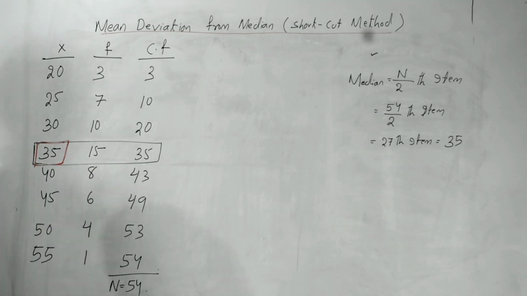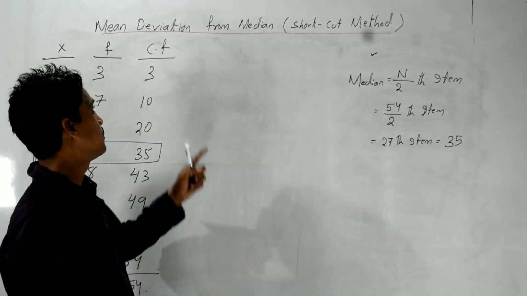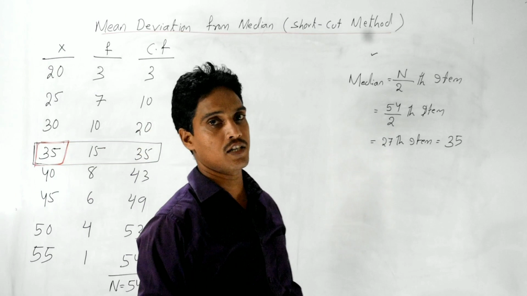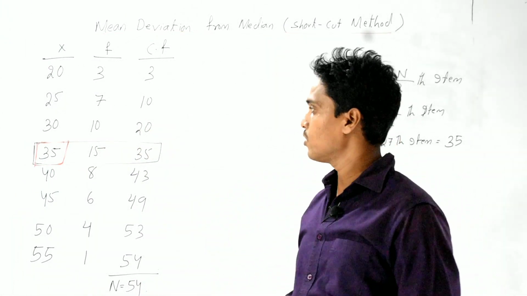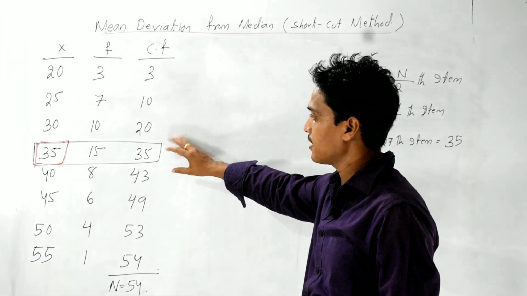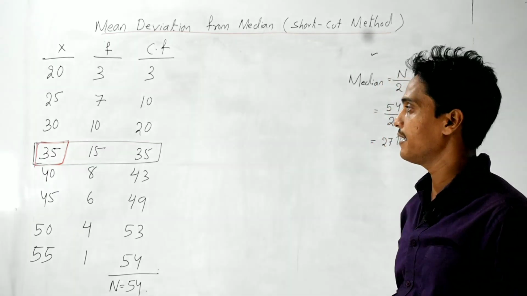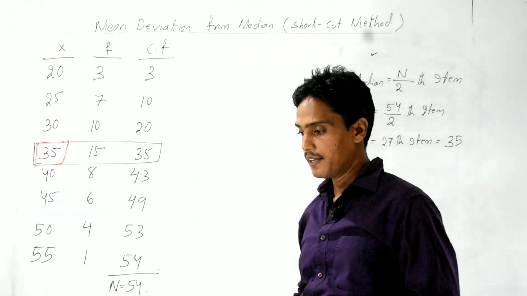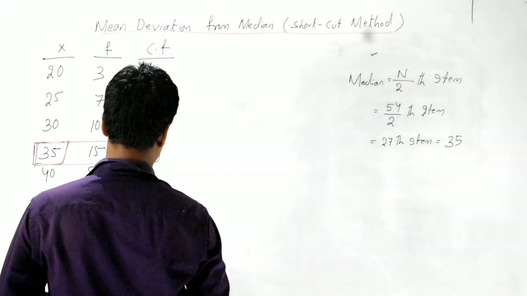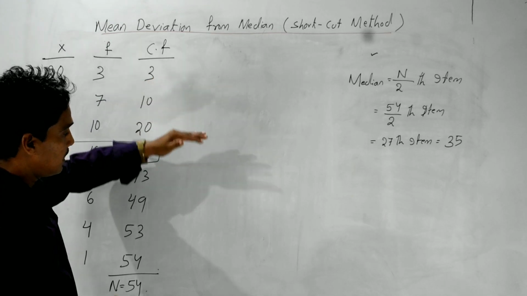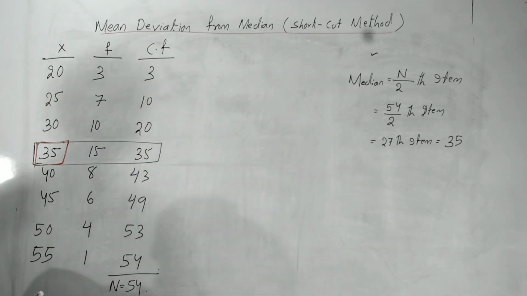Now we have to find out mean deviation by using the shortcut method. So on the basis of a median, we have to divide the given series into two parts. That is, some part is less than median and another part is greater than median.